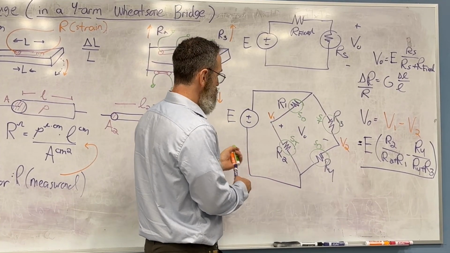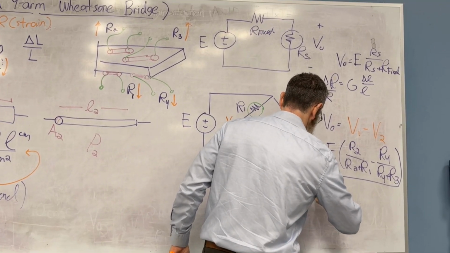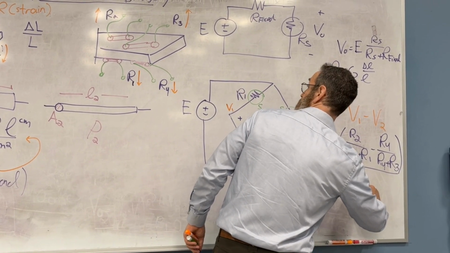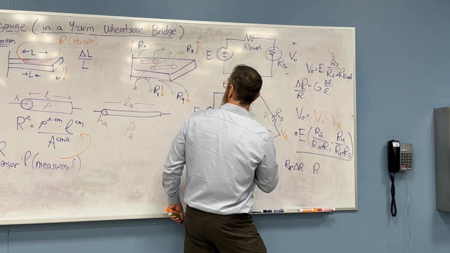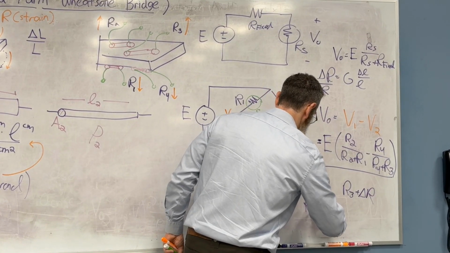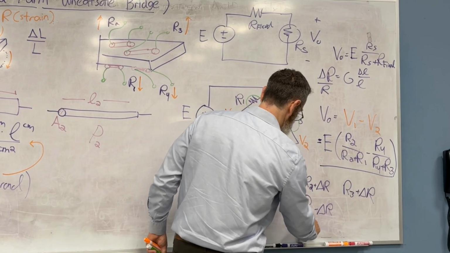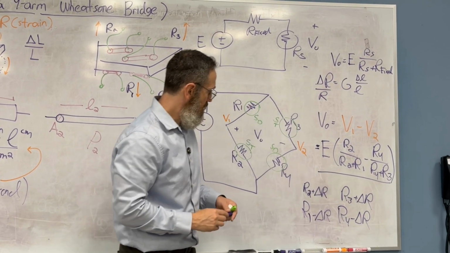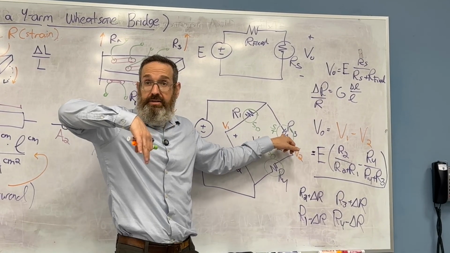I want you to be aware that we're going to have a situation where, as the strain goes up, R sub 1 will increase by delta R. R sub 2 will increase by delta R. R sub 3 will decrease by delta R. R sub 4 will decrease by delta R. When we set this up, we had a situation where 2 of the resistors were going up with bending and 2 were going down.